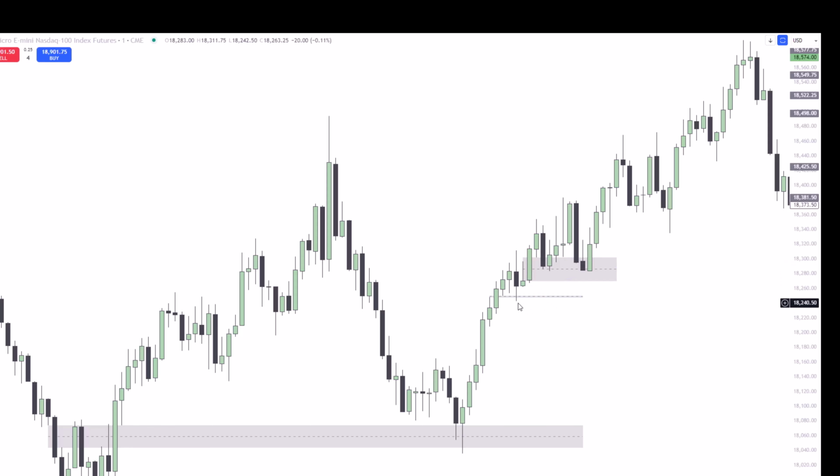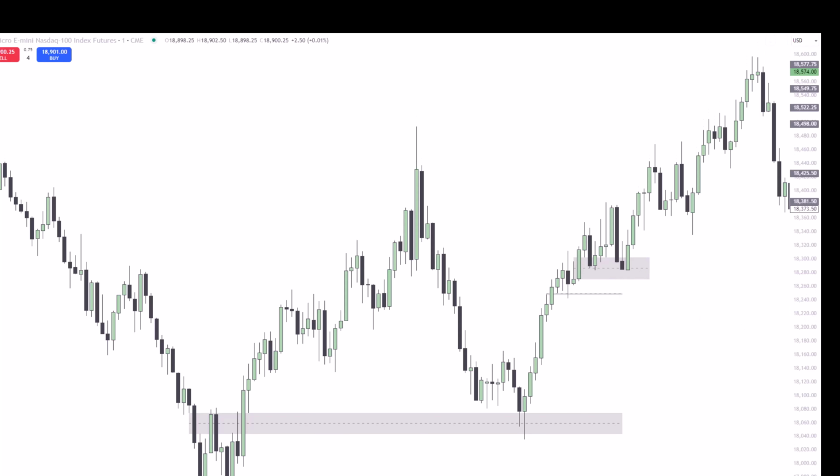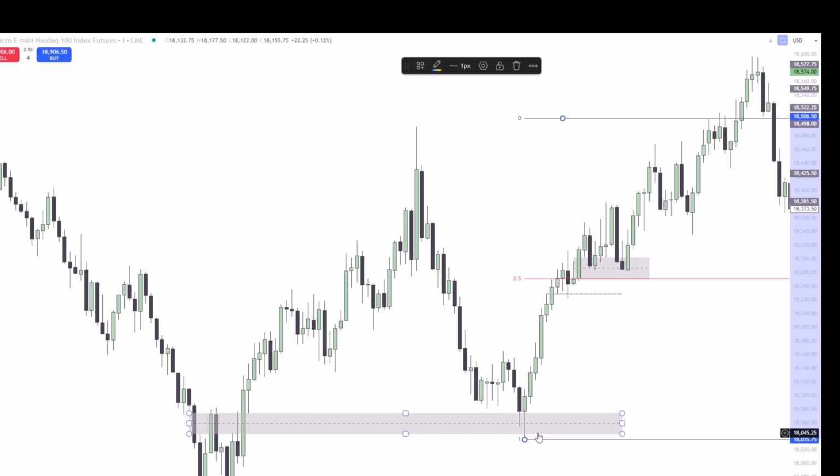And you can also use this volume imbalance, you can use this fair value gap as a measuring gap. So from the low, you take your fib, drag the equilibrium level or the midpoint all the way to the low of this fair value gap, put your 0 and 1 level, and then you can project up the same range from here to equilibrium.